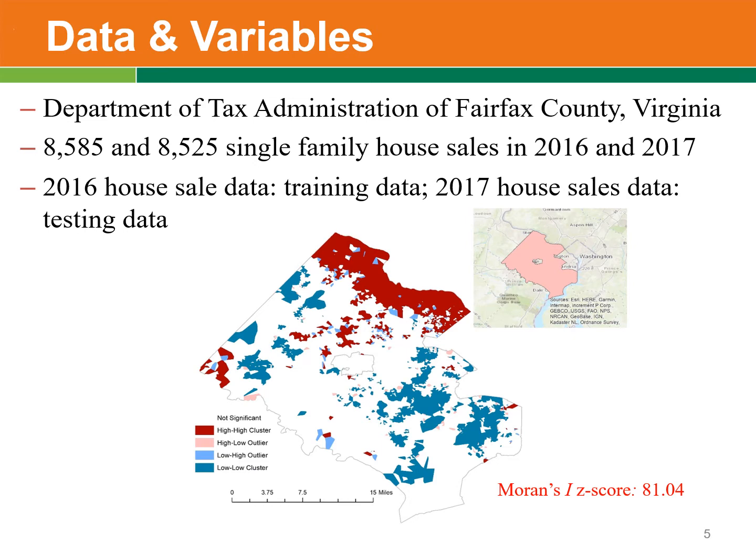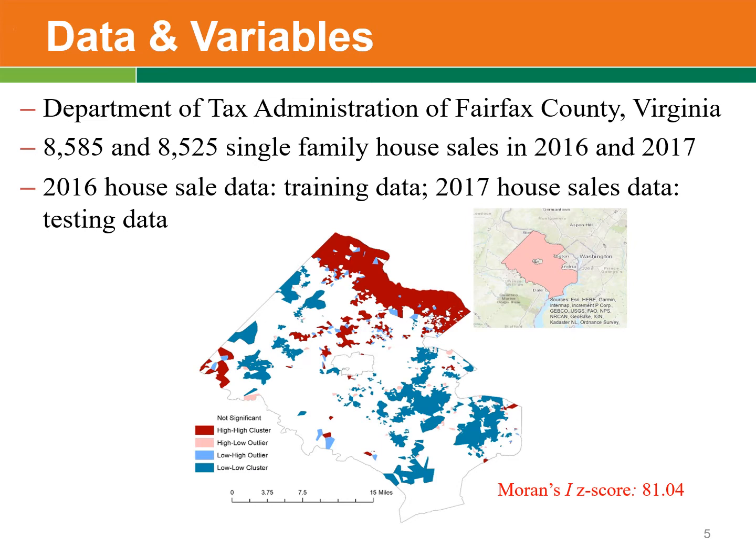We used the 2016 house sale data to train the random forest model, and the 2017 house sale data was reserved as testing data. A global Moran's I test of the 2016 house price data indicates the presence of significant spatial correlation with a Moran's I z-score of 81.04.